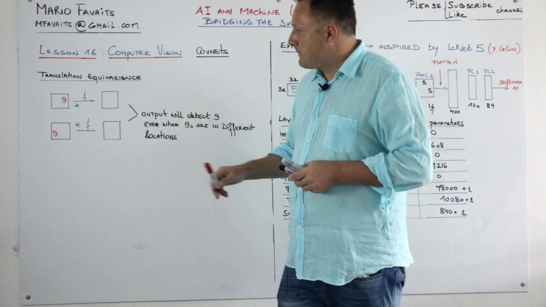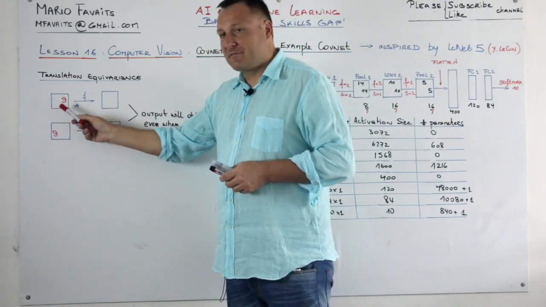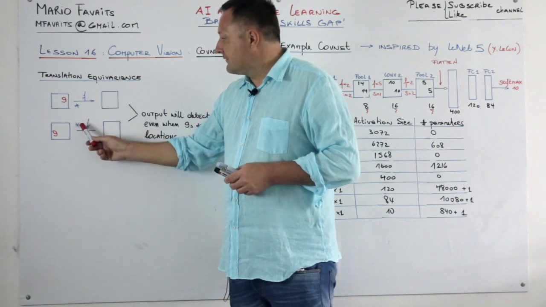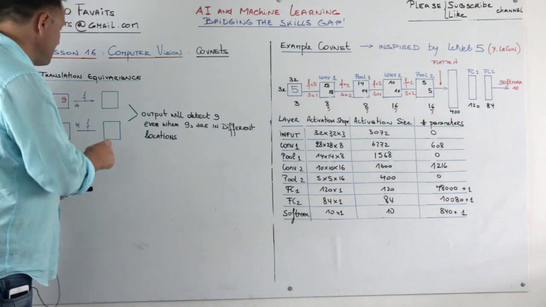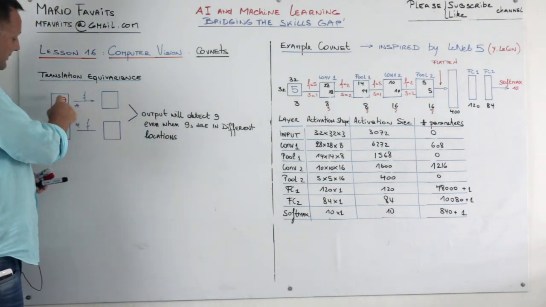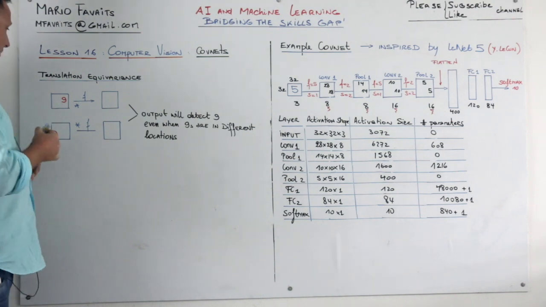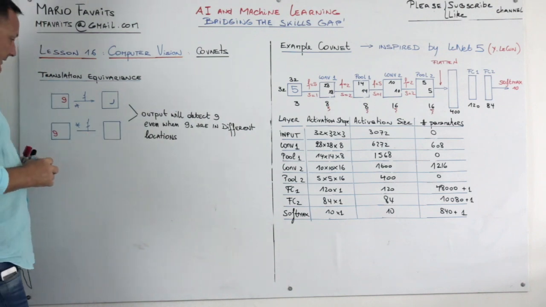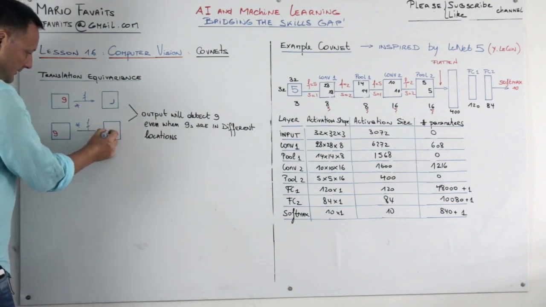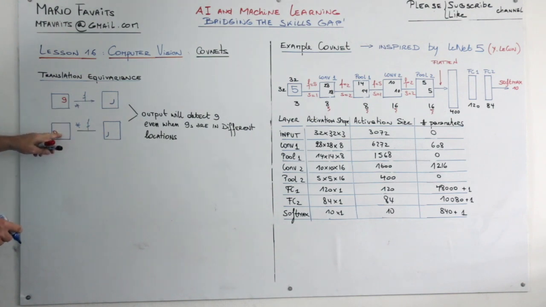That means that here you have two images of a 9, but the 9 is in different positions. If you convolve this with a filter, you have the same output here, but displaced with the same displacement as here. So I don't know what the output is gonna be. Maybe it is gonna be something like this. Well, in the second image, it's gonna be exactly the same, but at the position where the 9 is here.